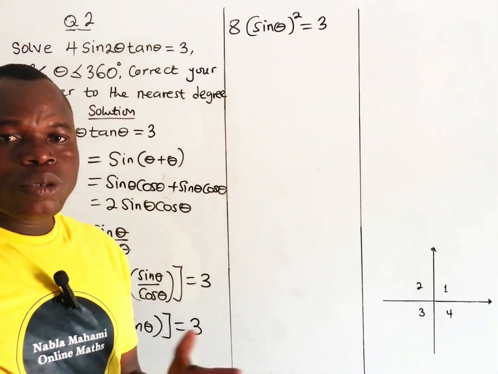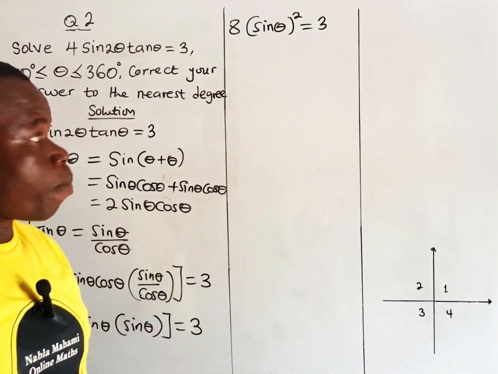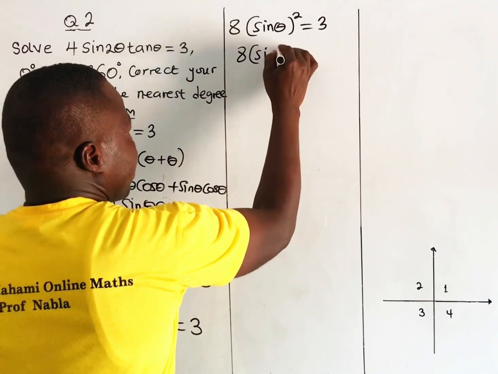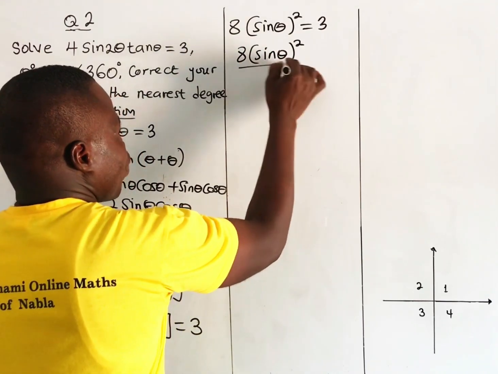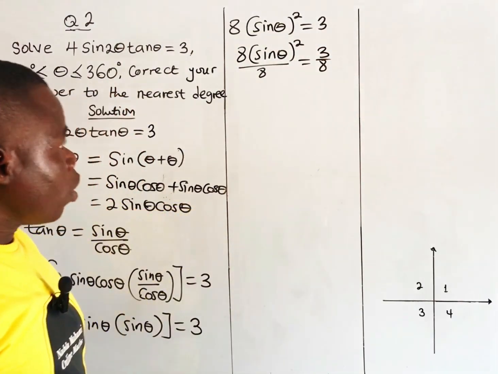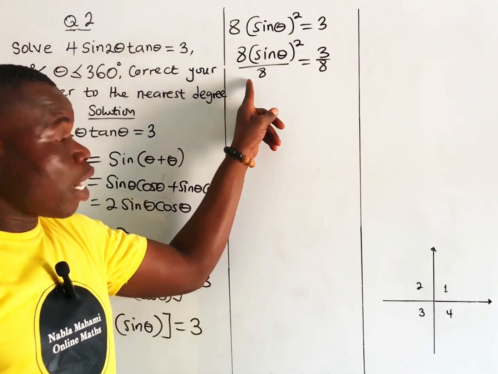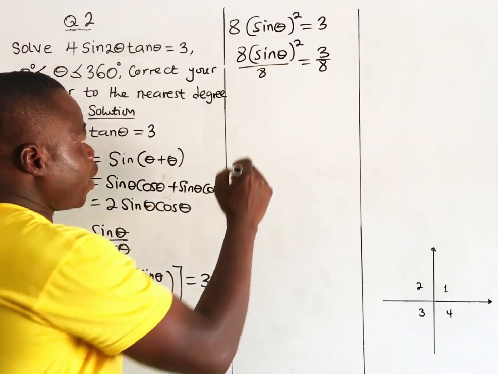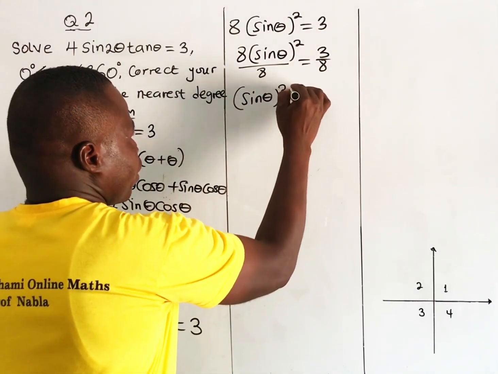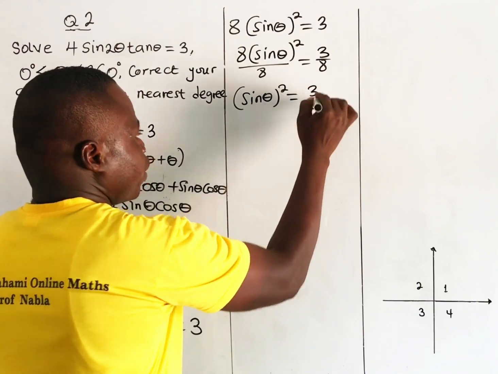I will now divide both sides by 8. So I have 8 sine theta all squared over 8 is equal to 3 over 8, and this 8 will take away this 8. On the left hand side, I'll have sine theta all squared is equal to 3 over 8.